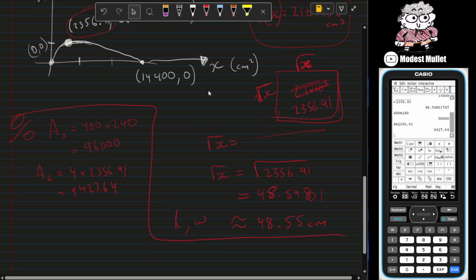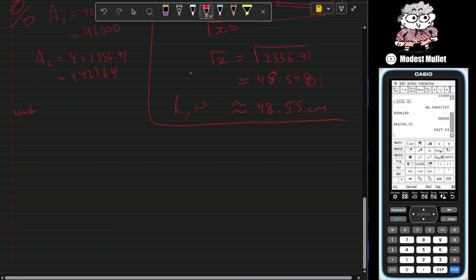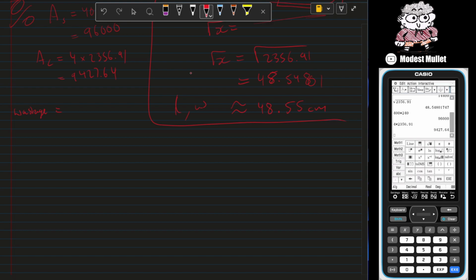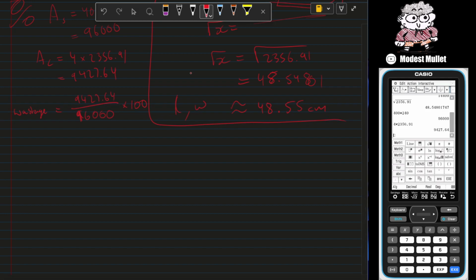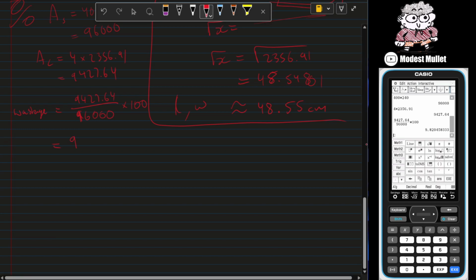So the percentage of material wastage is equal to 9427.64 divided by 96000, which we can already see is going to be a little bit under 10%. Times all that by 100, equals 9.82%.